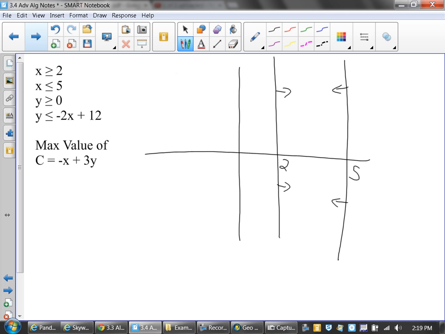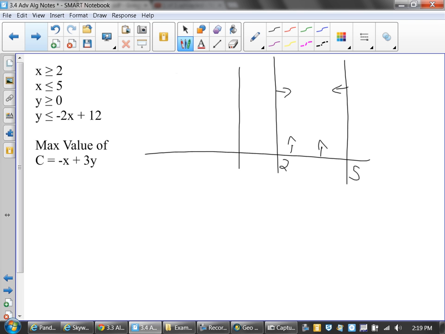The next one says I have a basement, if you will. Y is greater than or equal to 0. So I know that it's got to be coming up from here. I now have a bottom to it. So if you want, you can always just cross this out so you don't have to worry about looking down there for any intersections later.